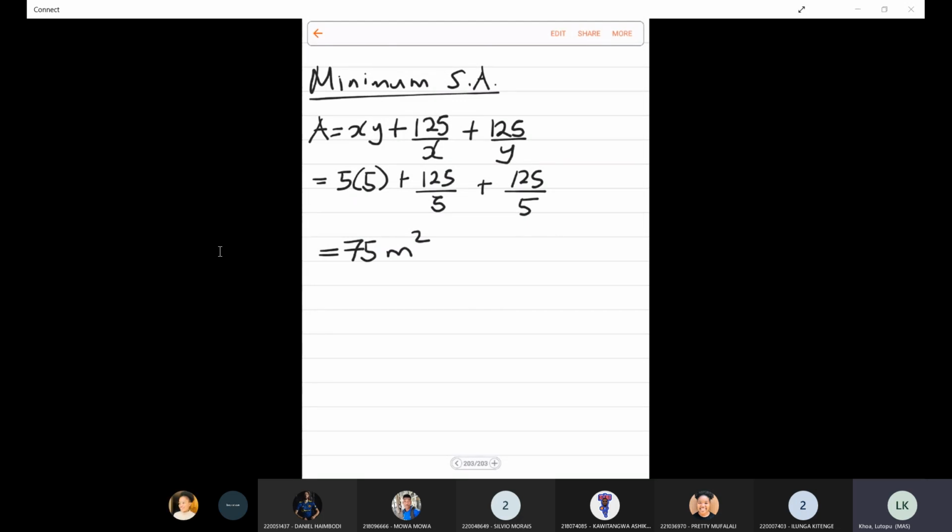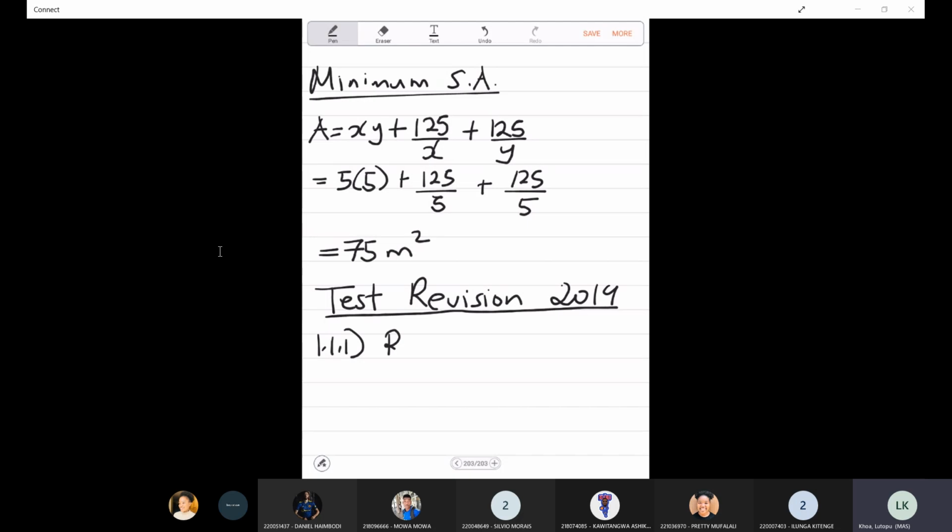This is the 2019 test. 1.1.1, we are told that r of pq is equal to tan inverse of pq squared.